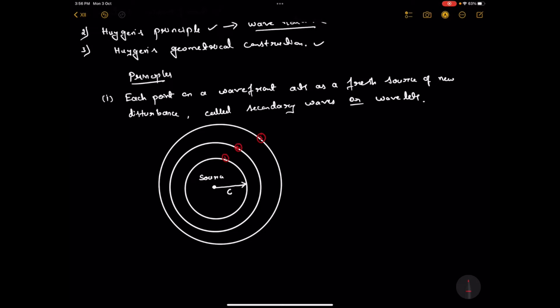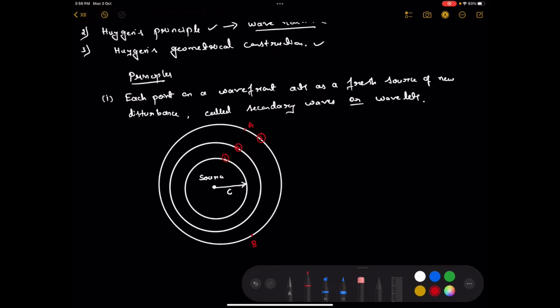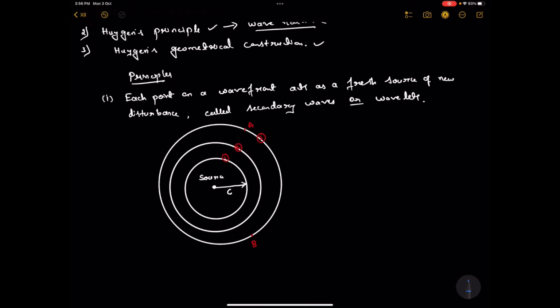So then what it says here is, let us take at some instant of time, I'm taking the wavefront which is at this. So this is the wavefront which I am considering. I will highlight with a different color. At some instant of time, I consider this wavefront.